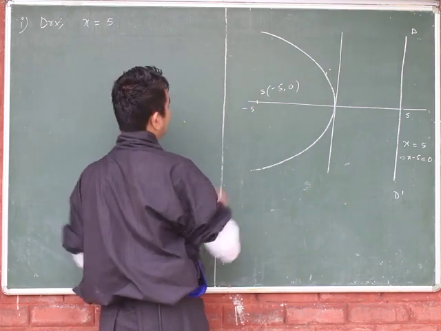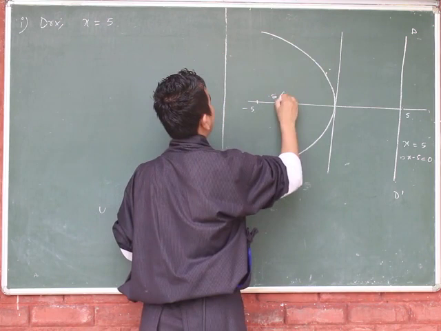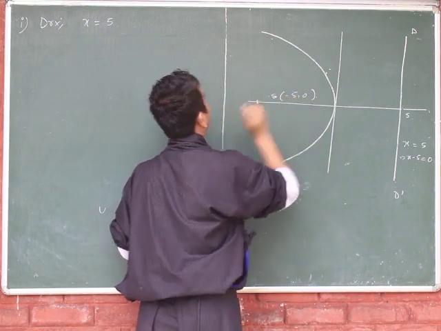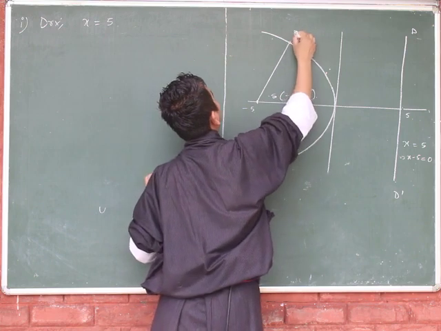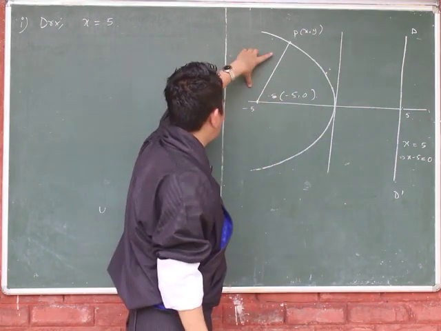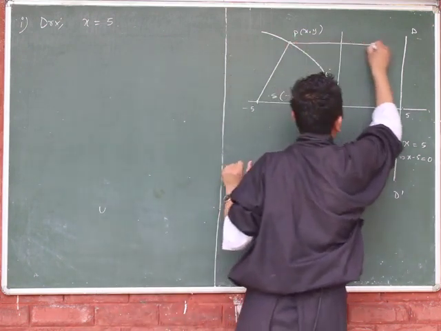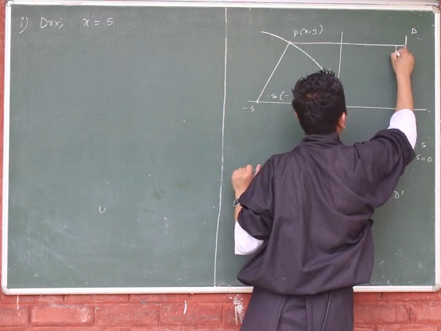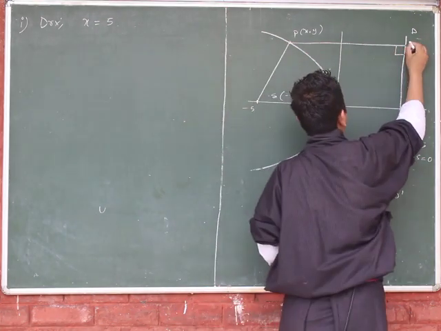So in order to calculate the equation of the parabola, let me take one point on the parabola, say this point P(x, y). Join these 2 points, S to P. Then from P, make sure you join to the directrix, and make sure the angle is 90 degrees. Don't forget, the angle should be 90 degrees.